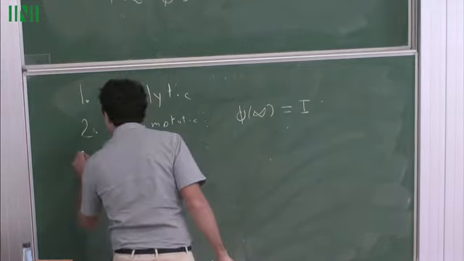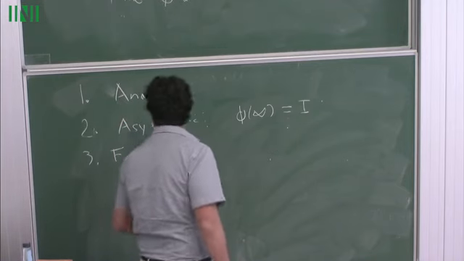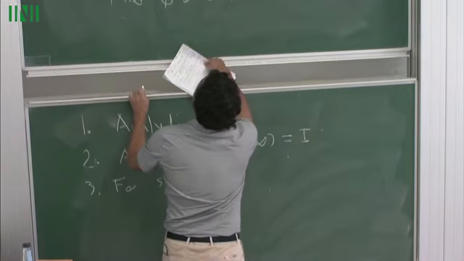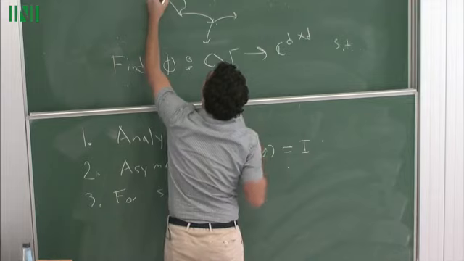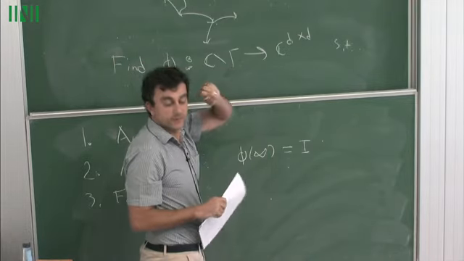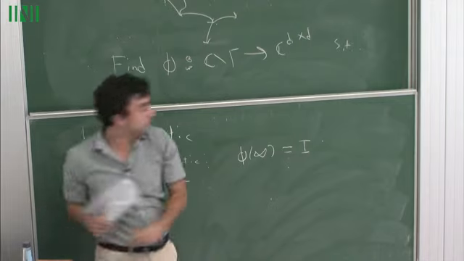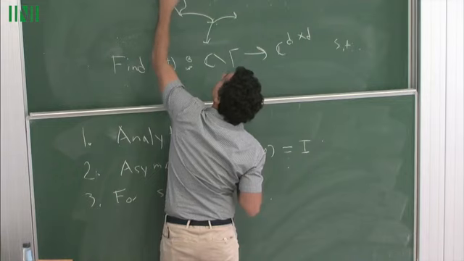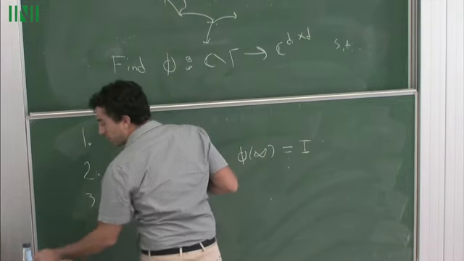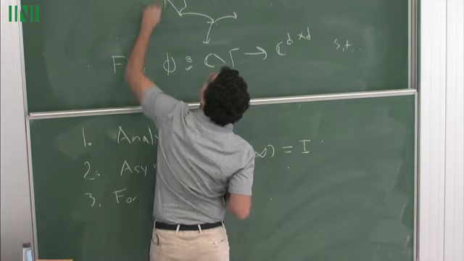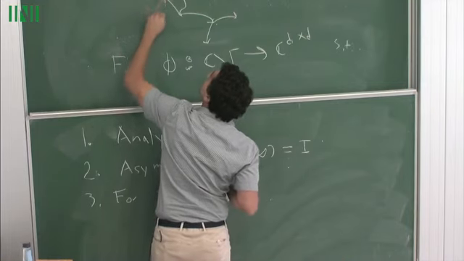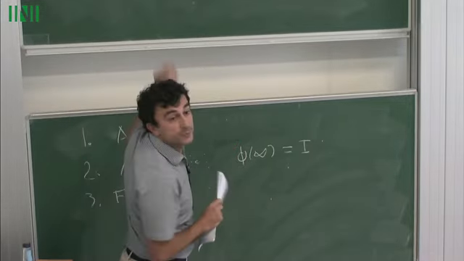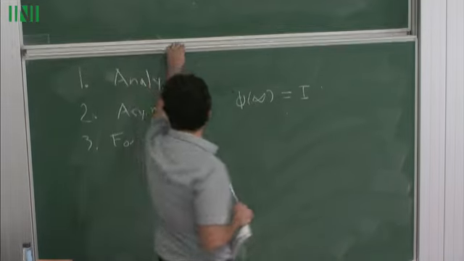And three, on gamma, so for a point on gamma, let me draw a picture. Here's say the point s. We have two limits, one from the left and another one from the right. And what we're given is the relationship between the left and right limit of phi.